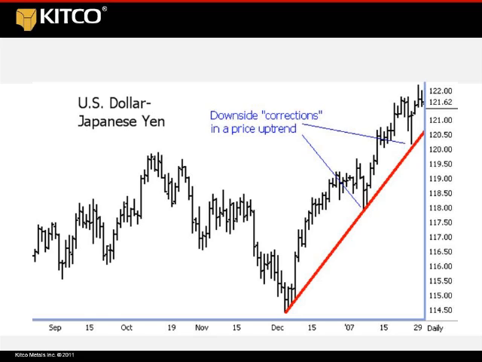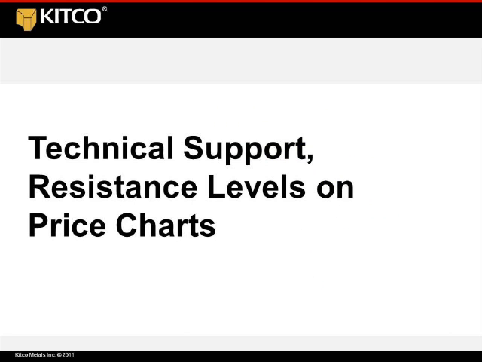Now, a very important part of technical analysis and market entry is trying to determine support and resistance levels on the charts. That is a very basic part of technical analysis, is determining support and resistance levels.